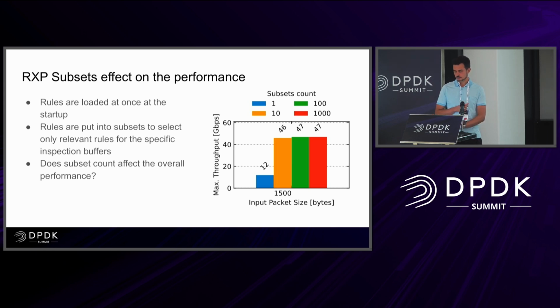And as we can see, with one group which contained all the patterns, it was 28,000 patterns, the throughput was degraded. But as soon as we divided into smaller subsets, the performance improved to the expected results around 50 gigabits per second. And even if we had 1,000 subsets, it's fine. And yeah, we don't need to worry.